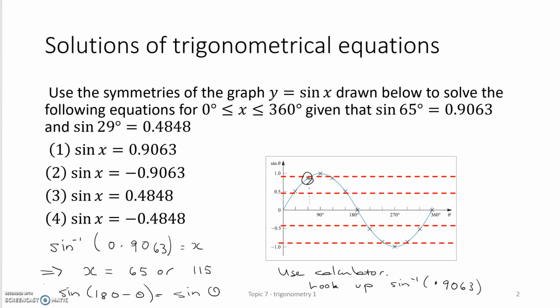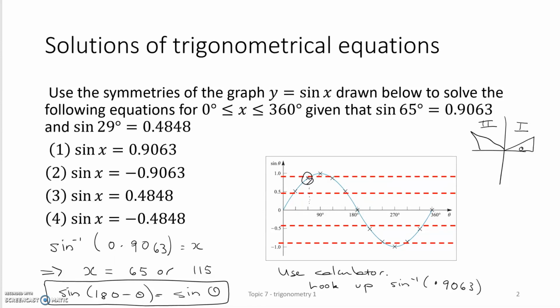But use this identity to find the second one, as well as really thinking that in the first quadrant, quadrant 1, we've got theta, and in quadrant 2, sine theta is still the same. So the sine of 65 is the same as the sine of 115 degrees.